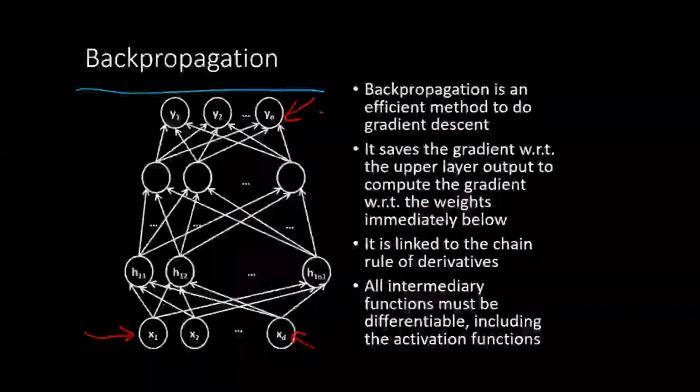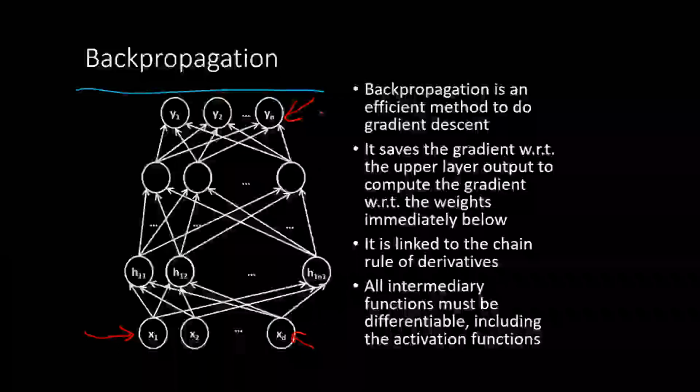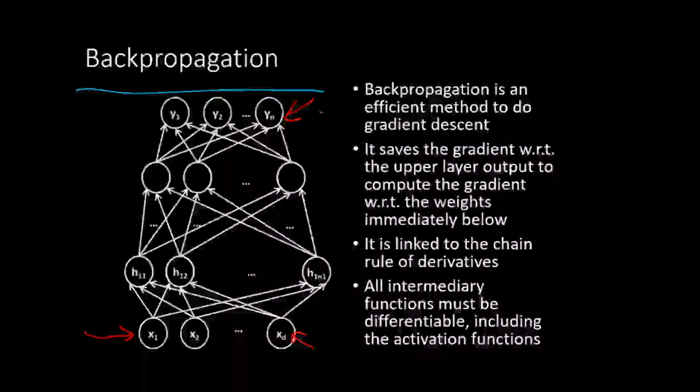If you have a multi-dimensional regression problem with n different quantities to predict, then you will have n different outputs. If you have n different classes, a probability mass function over n classes to predict, then also you will have n outputs. You can get away with n minus 1 outputs in that case too, but usually it's easier to just have n outputs.